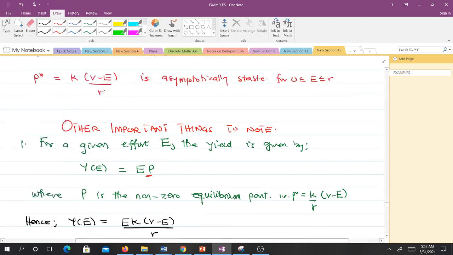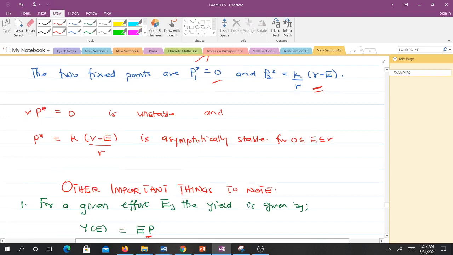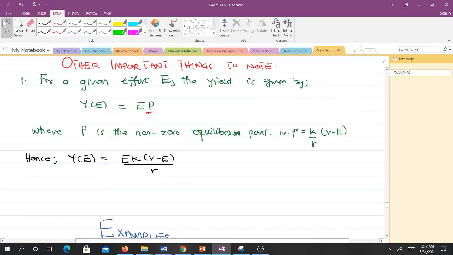And we found the non-zero equilibrium point to be K over R times (R minus E). So that means the yield is given by Y of E equals E times the non-zero fixed point, so E K (R minus E) all over R. Okay, so this is the yield.